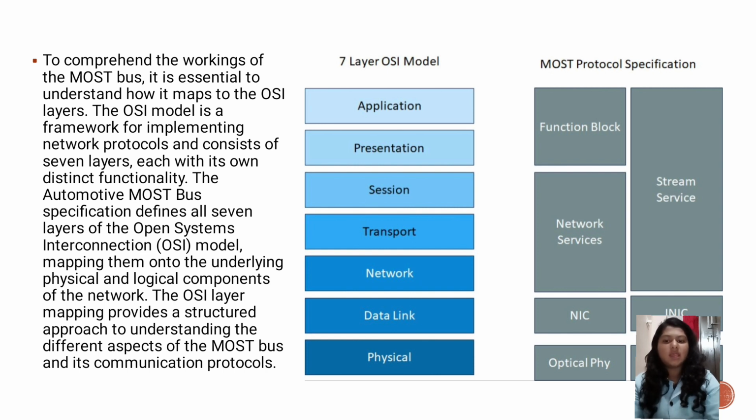The OSI is a framework for implementing network protocols and consists of 7 layers, each with its own distinct function. Here we can see the 7 layers of the OSI model and the MOST protocol specification. It consists of functional blocks, network services, stream services, NIC, INIC, optical physical, and electrical physical.